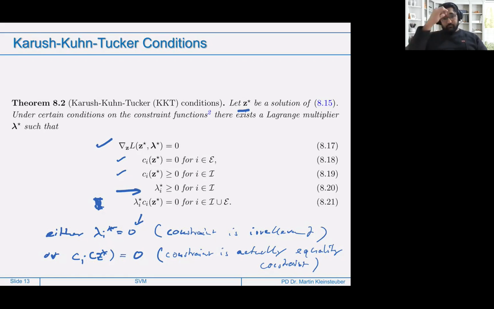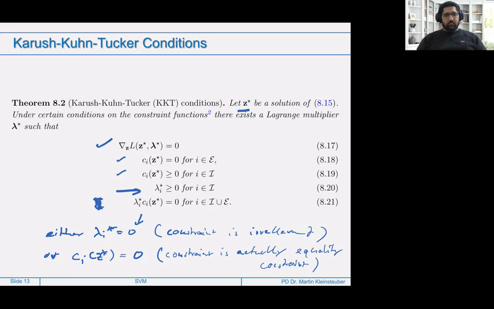And a very interesting result is actually 821. It says that for each of these constraints, the product of the Lagrangian multiplier and the corresponding constraint is 0. That means either one is 0, both can be 0, but at least one is 0.